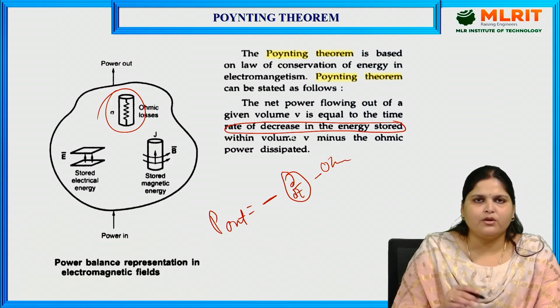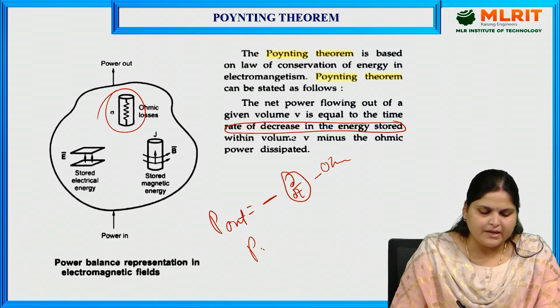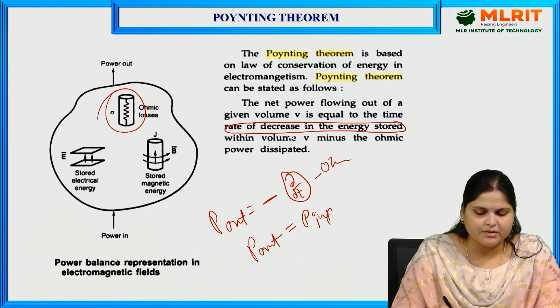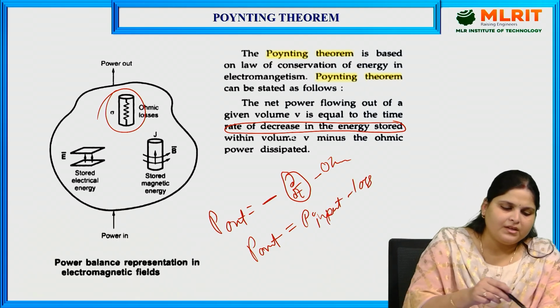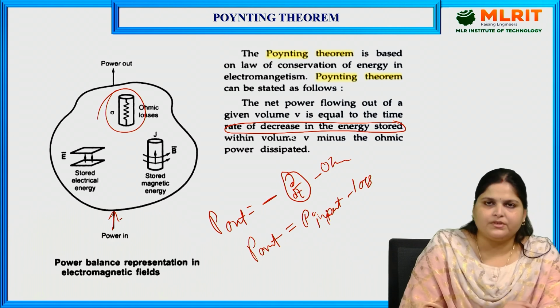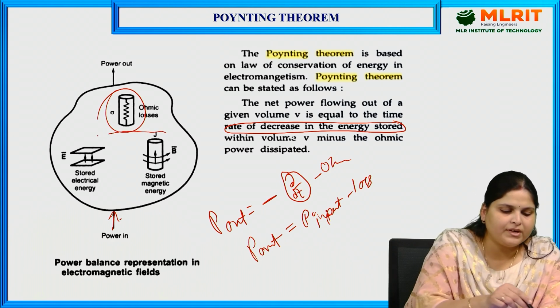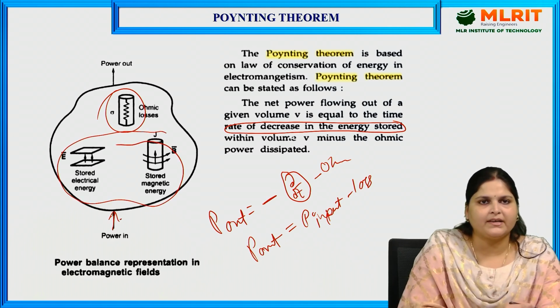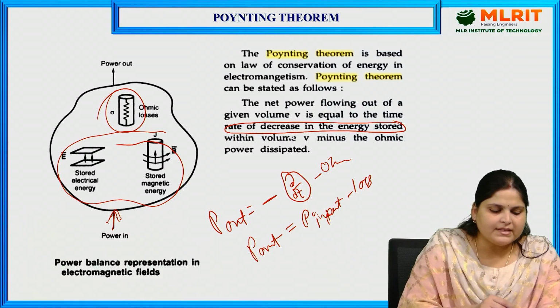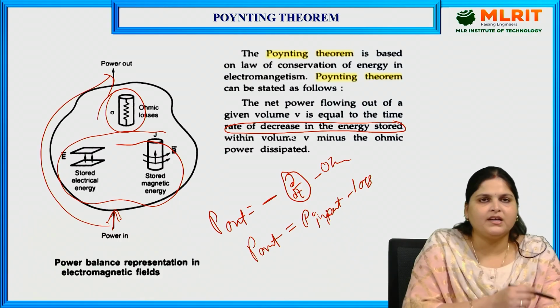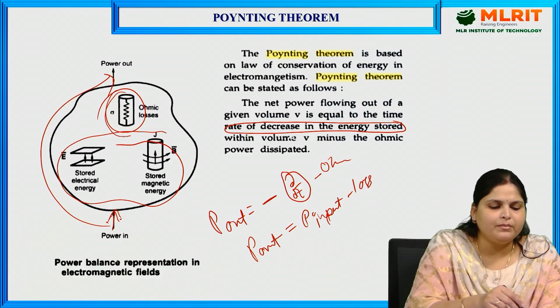So this we can also understand by a simple formula. P out, the output power, is equal to P input minus loss. So if you see, this is the power input, which is stored in terms of electrical energy and magnetic energy. Obviously, this entire power cannot be transmitted here. There will be some losses.